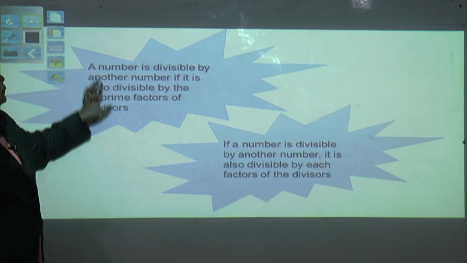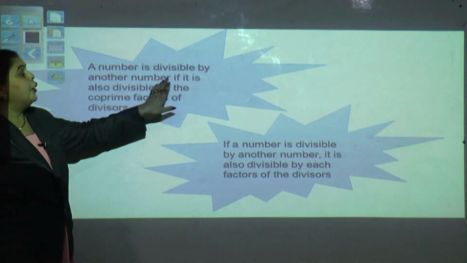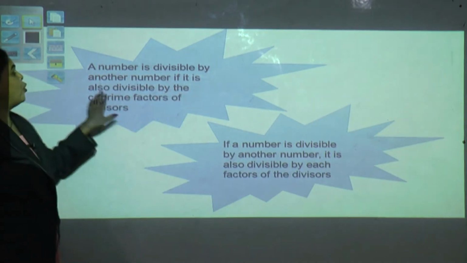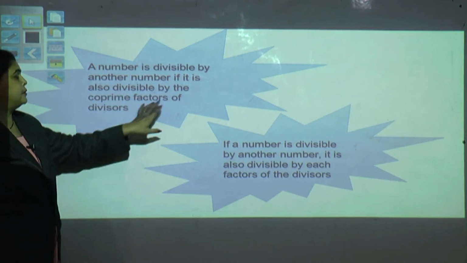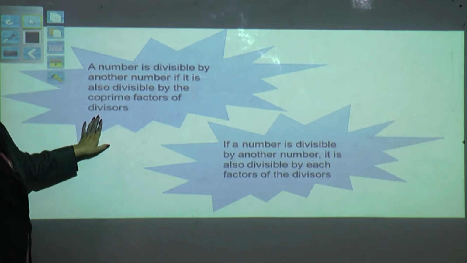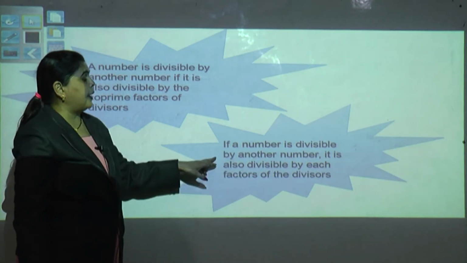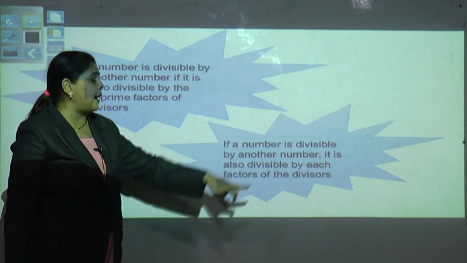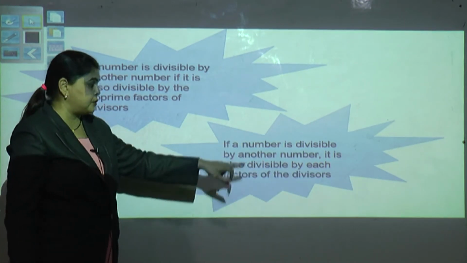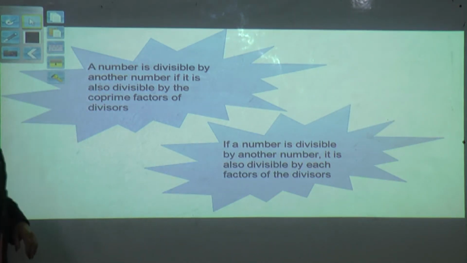Again I will repeat: a number is divisible by another number if it is also divisible by the co-prime factors of a divisor. So we have learned all the divisibility rules.